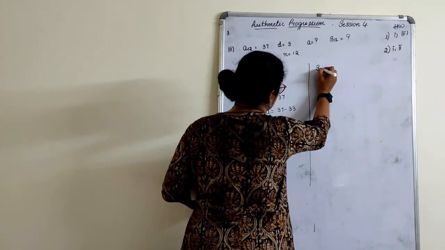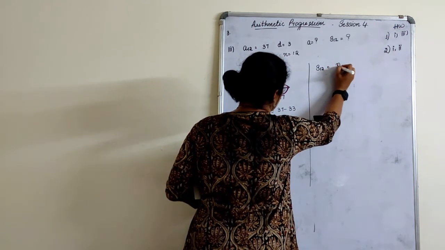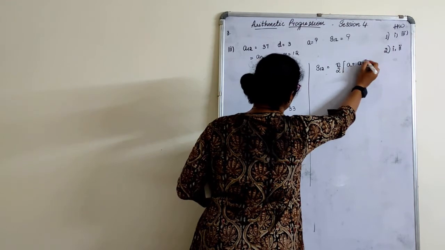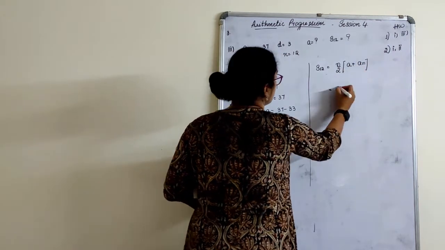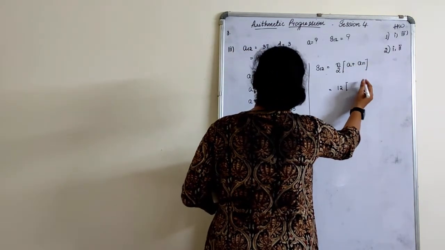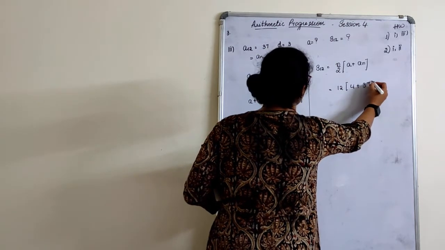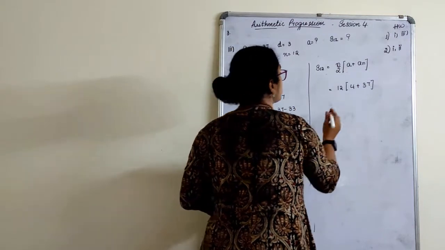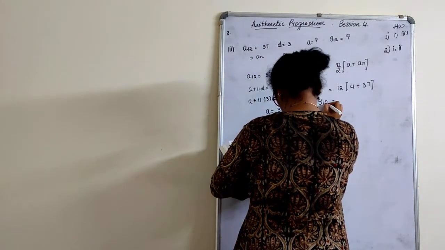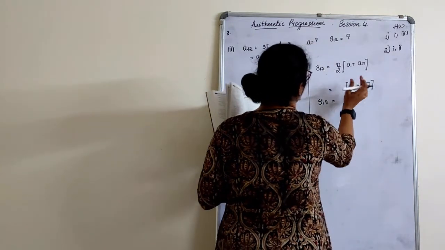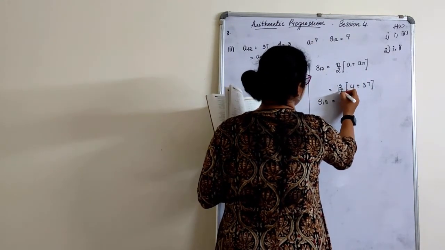Let's find S12. n by 2, a plus an. n is 12, a is 4, an is 37. S12 is equal to n by 2, 12 by 2.